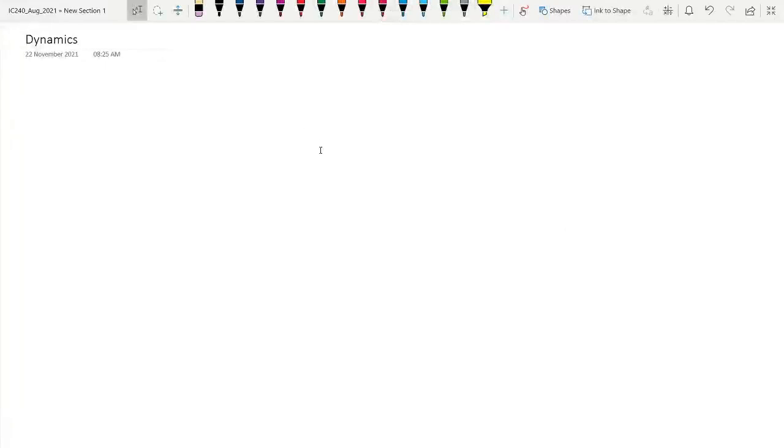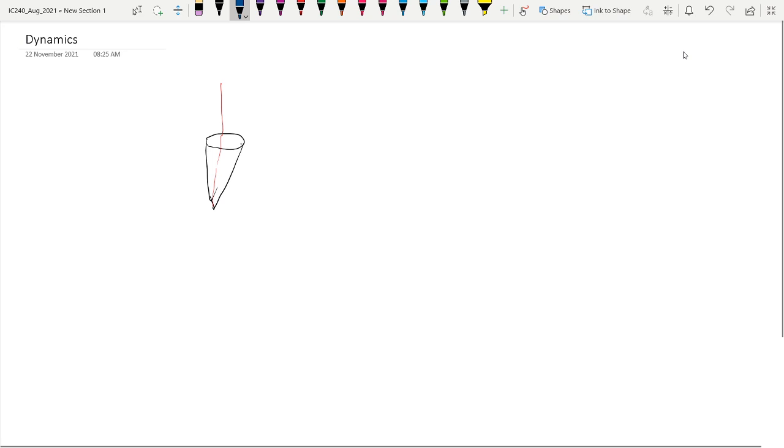I hope you can see this screen on OneNote. So now let us say I have a spinning top, right? There are a couple of axes that we can choose. One is this XYZ axis, which is fixed.